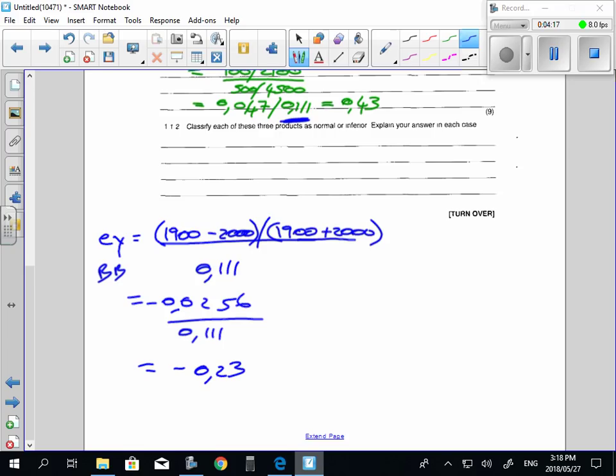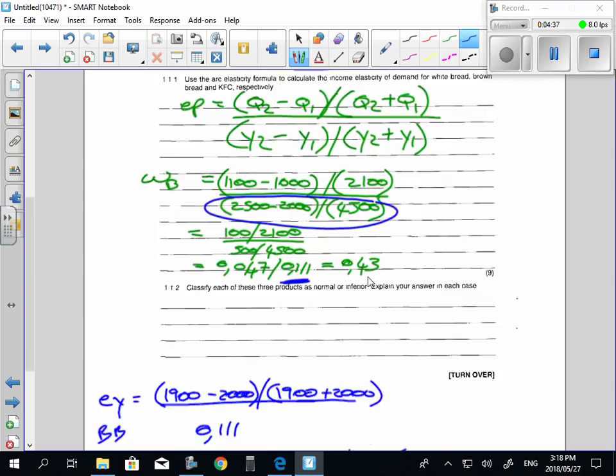Then for the last one, for KFC, again, you can just use your quantity change. They said that when your income increased, your consumption of KFC increased from 300 to 500.